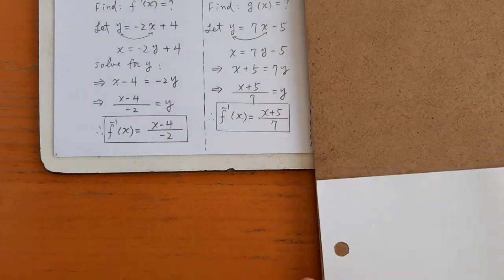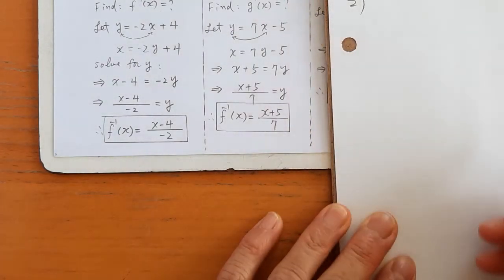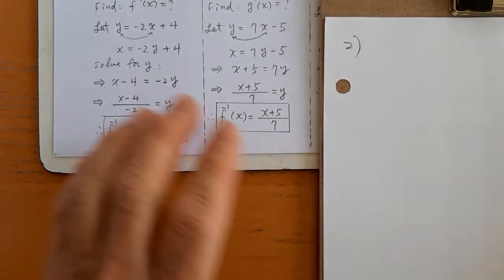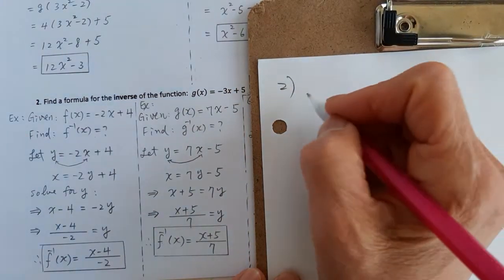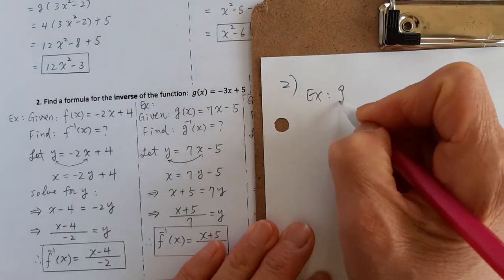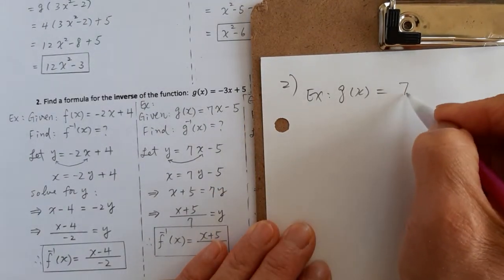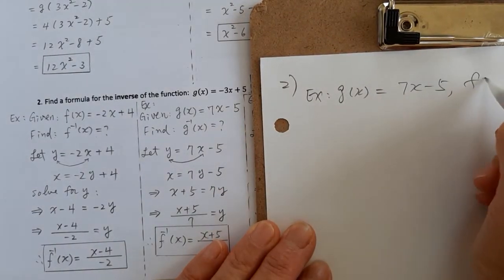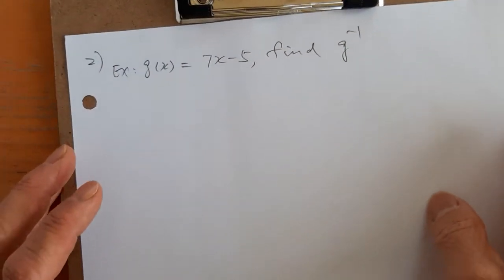Next, let's see another example. Here, the second question in your homework, more examples. If given g of x equals 7x minus 5, and you want to find g inverse.